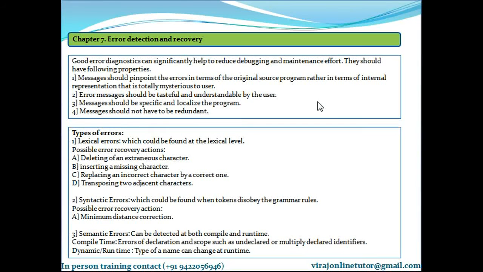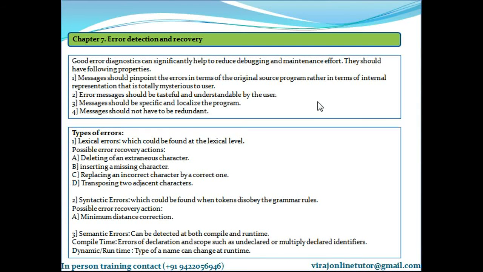Even in the presence of errors, the compiler should scan the entire program and try to compile all of it, for no other reason than to detect as many errors as possible. Good error diagnostics can significantly help to reduce the debugging and maintenance effort.